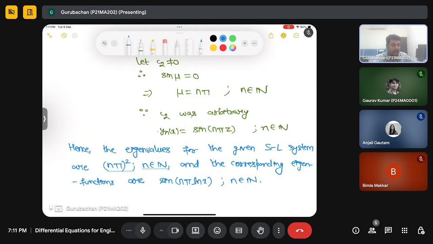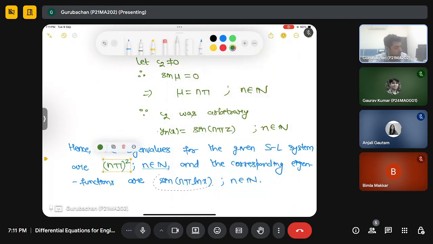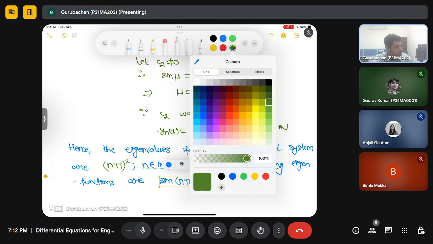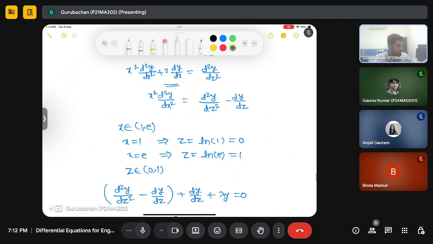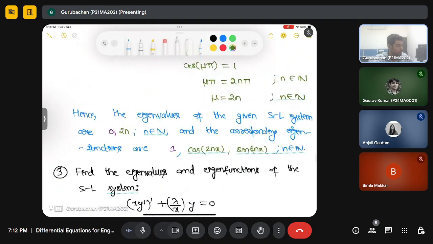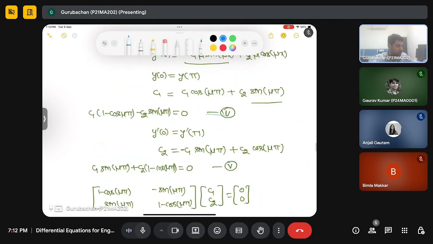So this is your eigenfunction set, and since it's a case of the third part, I'm just changing its color so that it will be easy to identify from which case it is contributing. In the same way, here in question number 2, let me write it respectively. In question number 2, this will be respectively, since we have a set of two eigenvalues.